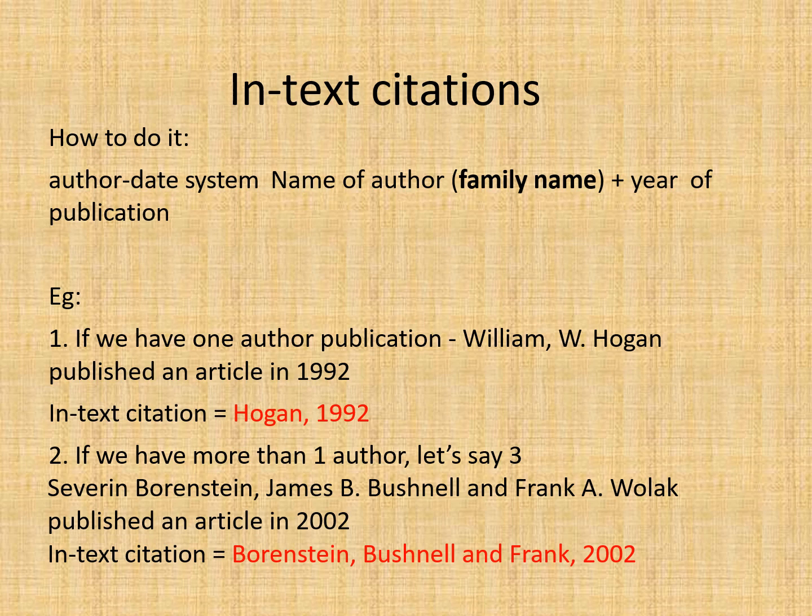So it is clear that to do in-text citation, we use the author-date system, where we take the name of the author, family name or surname, plus year of publication.